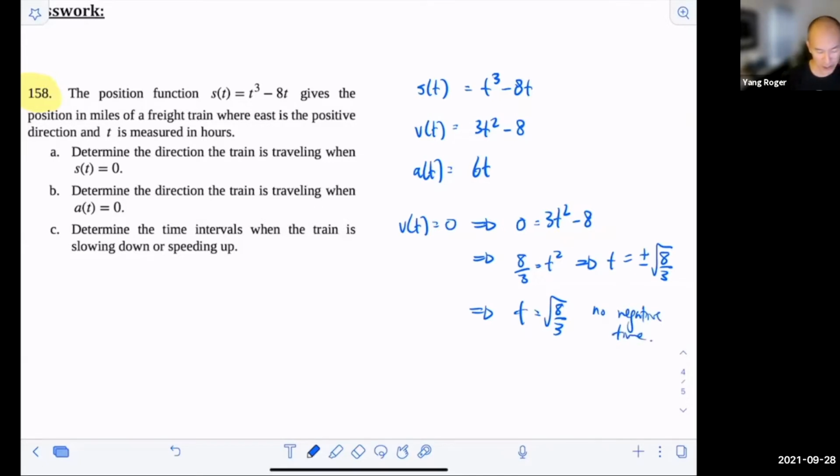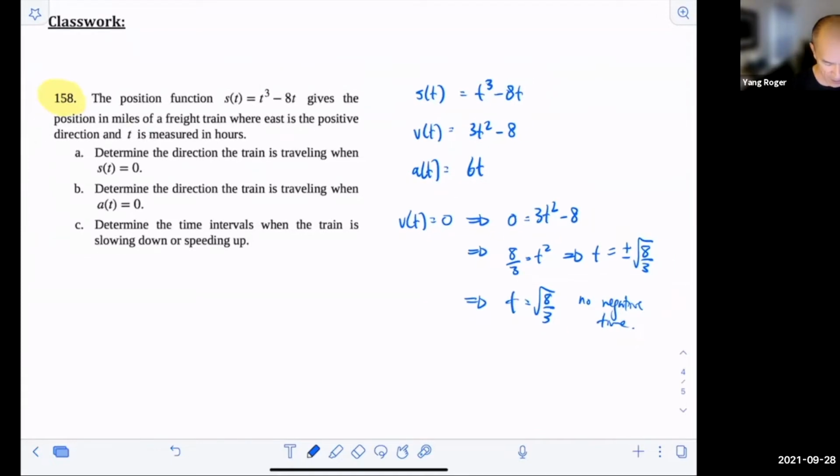All right, everyone, I'm sure you're still working. I just wanted to point out that you start with your position. You definitely want to calculate your velocity and your acceleration by taking derivatives.